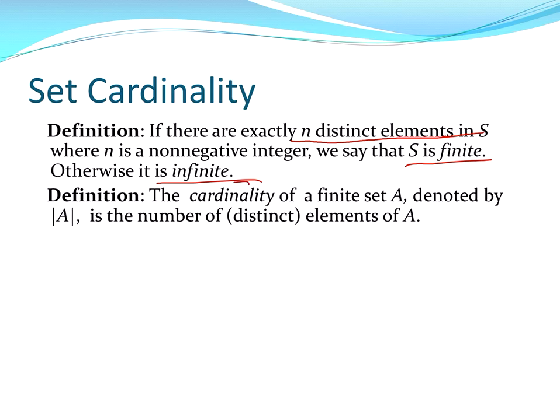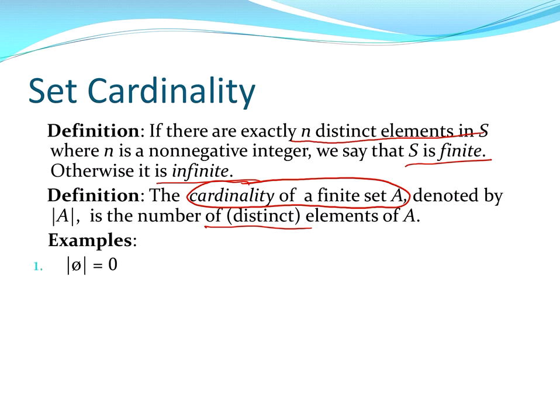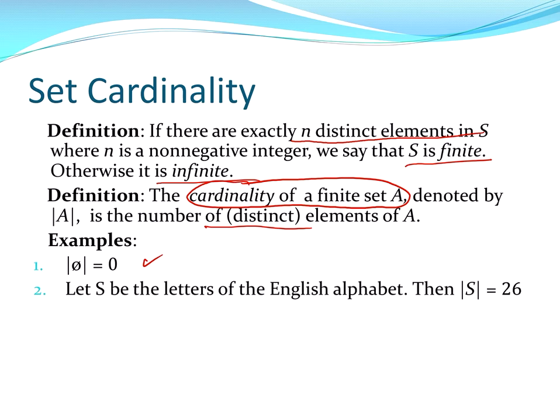Cardinality is defined on a finite set as just counting the number of distinct elements. Here's the cardinality of the empty set, and it has 0 elements in it. Cardinality of the English alphabet is 26. The cardinality of this set is 3, since it has 3 elements in it.